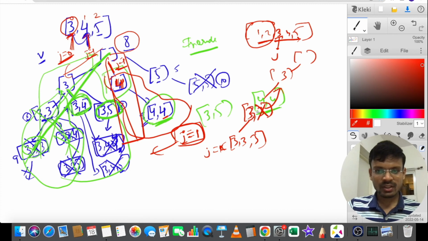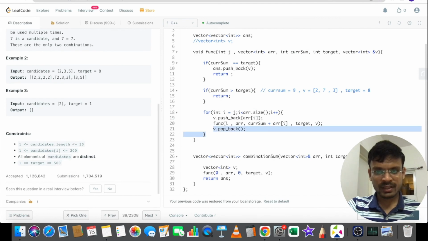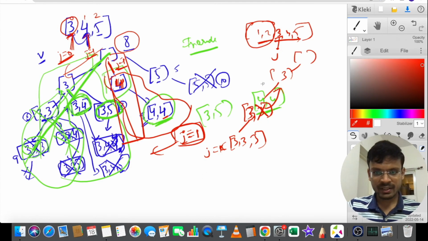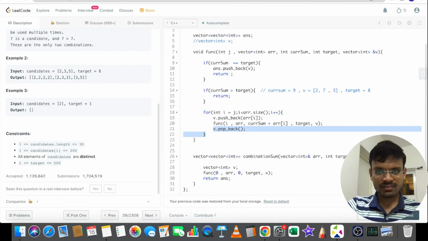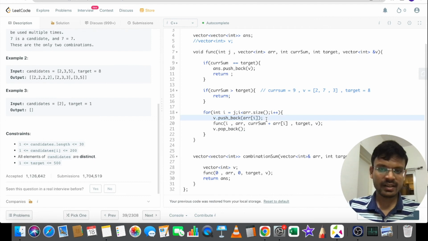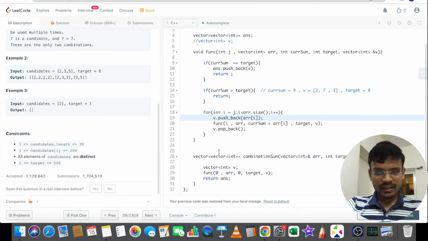That's what I am doing over here, v dot pop back, so that other values can be considered. I had appended 3 to the existing 3 over here. Suppose I don't want to append 3 over here, I want to append 4. Before that I need to remove this particular 3. That's what has been done over here. I just remove what I had pushed into the stack, the last element, and coming to the for loop again, I will push the next element present in the next index. I hope the solution is clear.